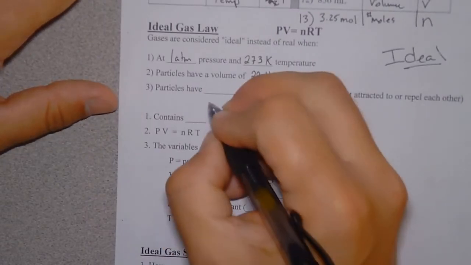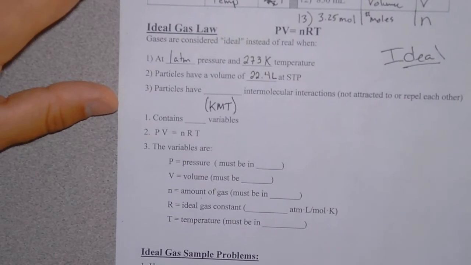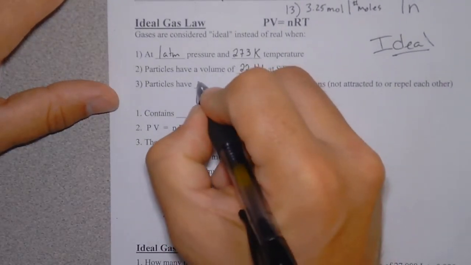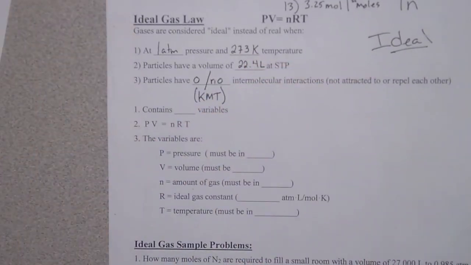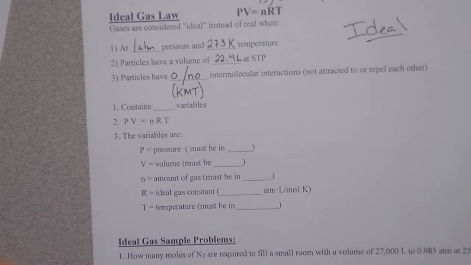And because of our kinetic molecular theory from last class, KMT, particles have zero or no intermolecular interactions, which isn't necessarily true, because an intermolecular reaction is a push or a pull on another one.